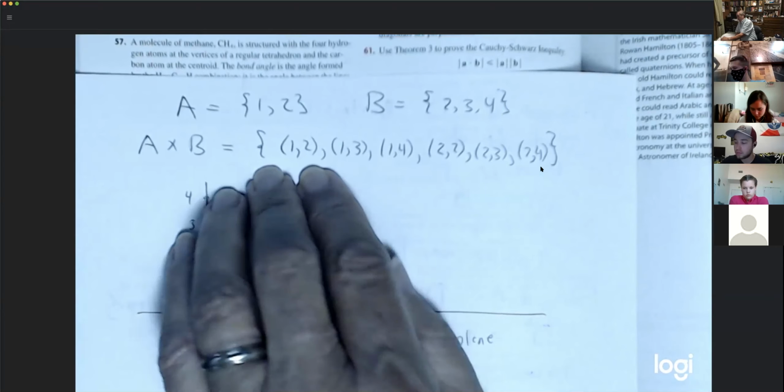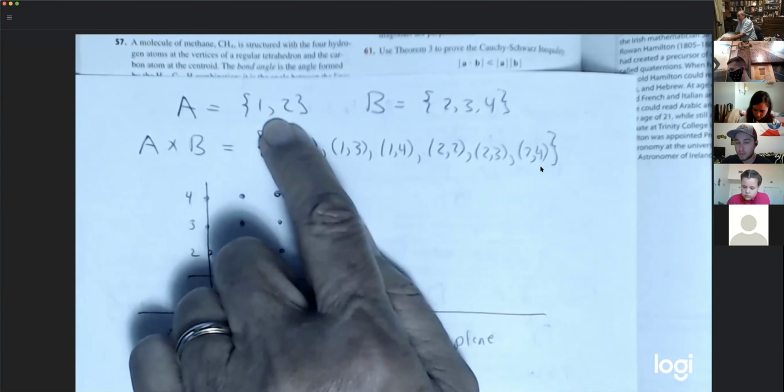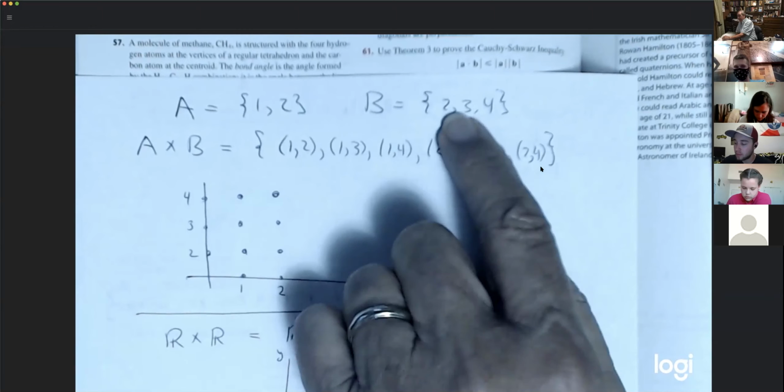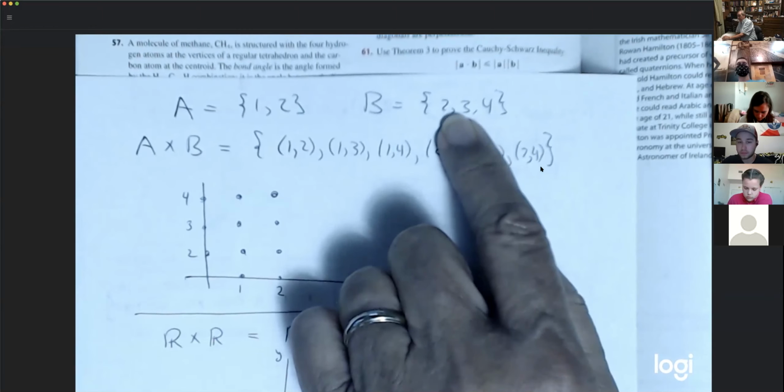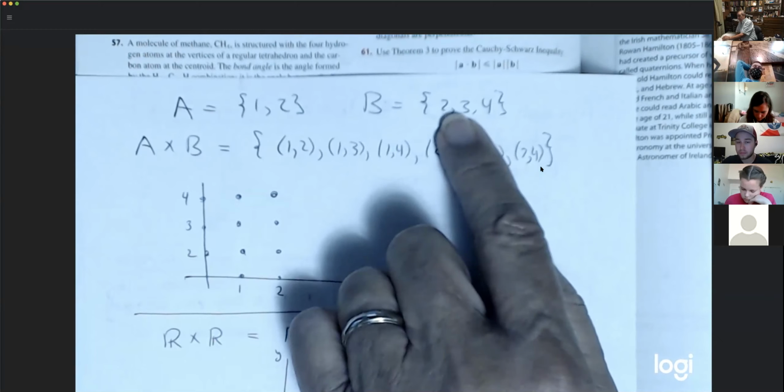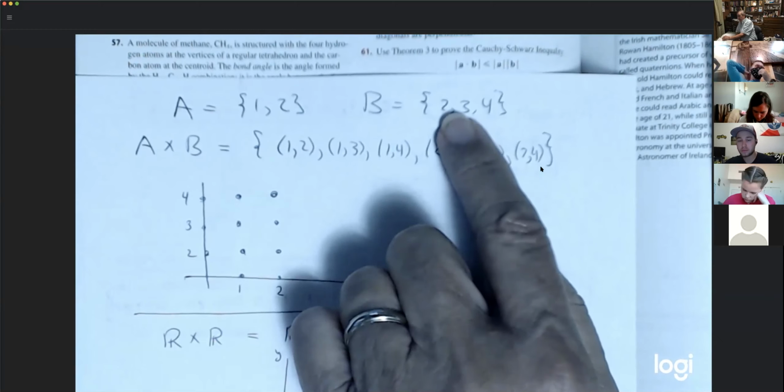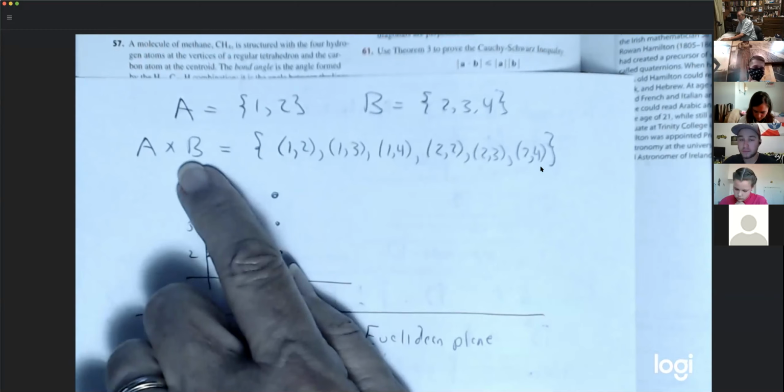What we do is we take a set with 2 things in it, we take a set with 3 things in it. We say the multiplication is the cardinality of the Cartesian product.